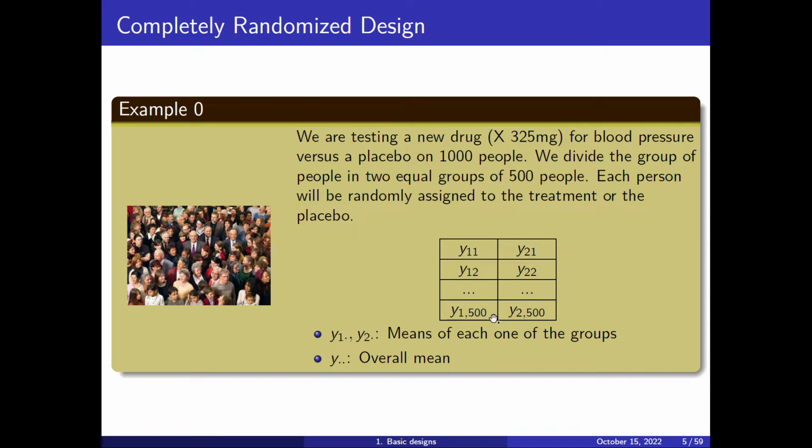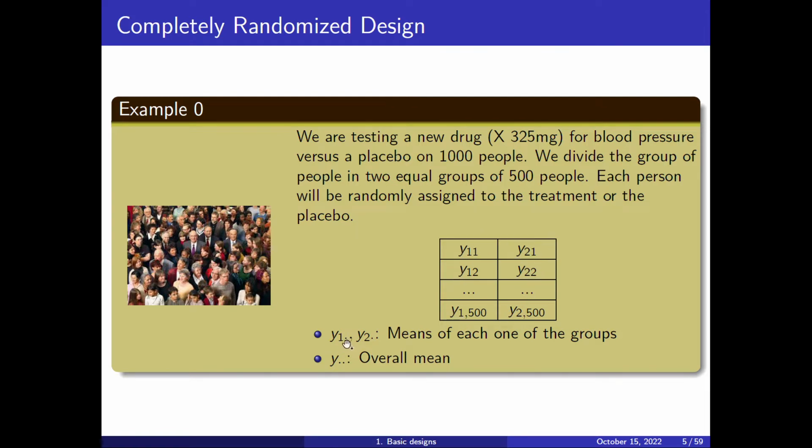We can compute the mean of the groups, that is the mean over the second index. This means that we don't care which person you are, but we compute the mean of that group, and we do it for group 1 and for group 2.